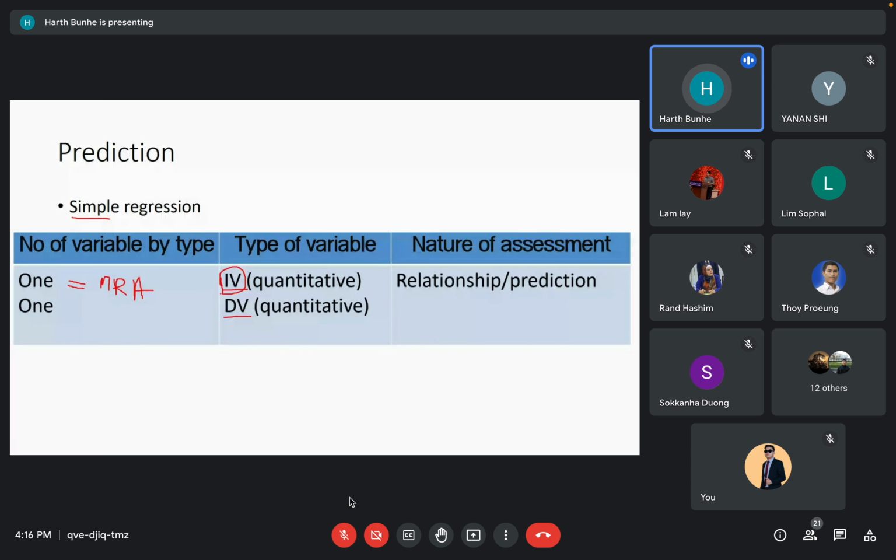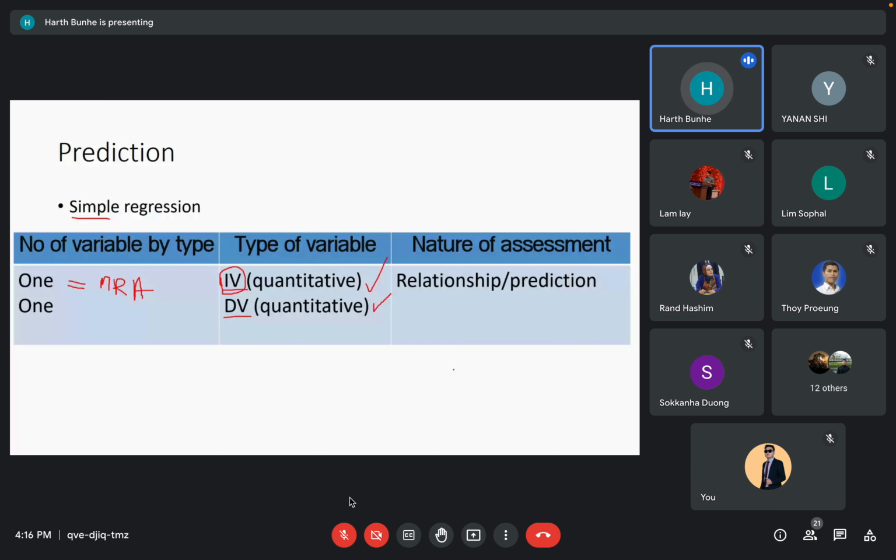If you have one IV, it is called simple. If you have more than one, it is called multiple. So don't be afraid of what is multiple regression and what is simple regression. The data you need to collect is quantitative, or in SPSS, a scale.